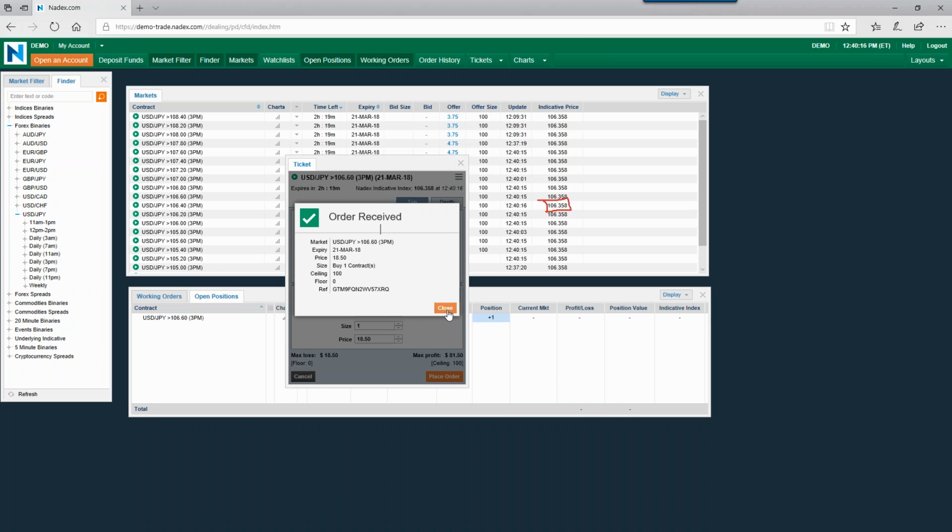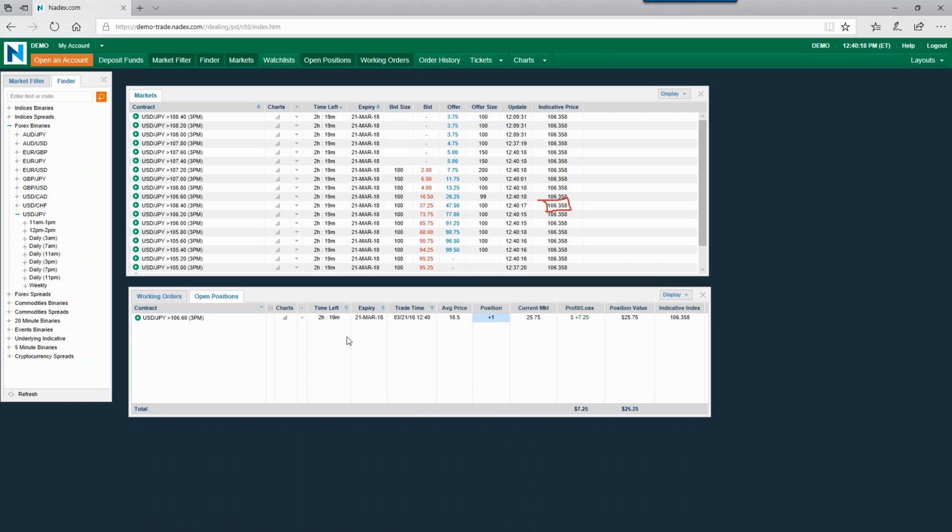So I use a limit order. And for example, we just got in this one, and the risk is $18.50. Now, how much does it have to move for this binary to actually make money? Right now it is at 106.35, okay?